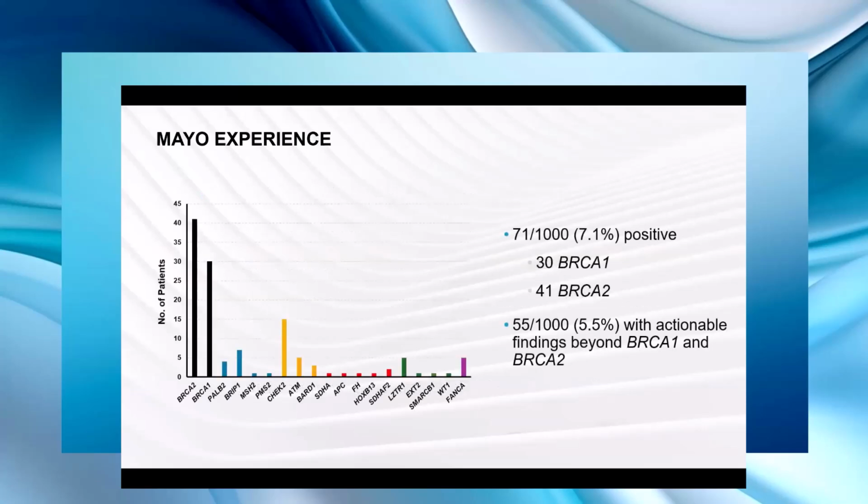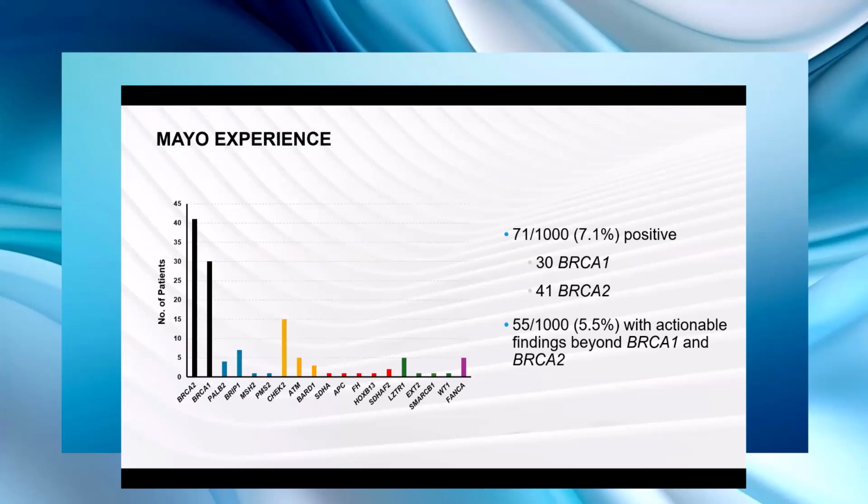So we have expanded the genetic testing results beyond BRCA1 and BRCA2. In this patient cohort of 1,000 individuals, we identified 71 individuals who carried a pathogenic variant in BRCA1 or BRCA2. So this is still the most common finding in the testing here.